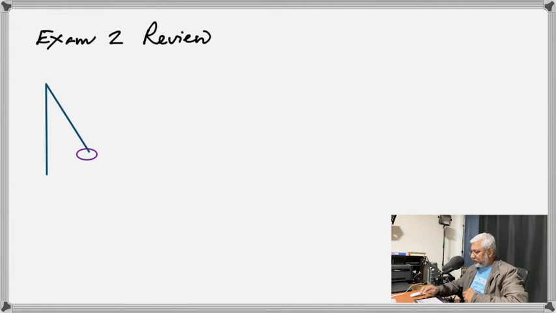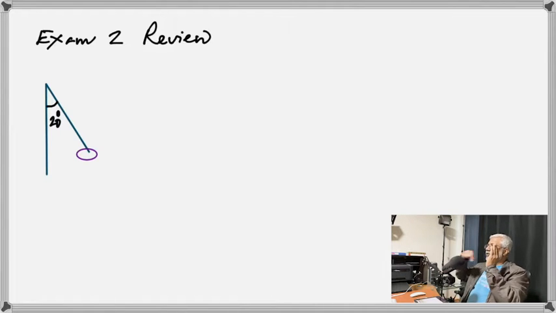First of all, let's consider a question where you have an object at an angle making about 20 degrees with the vertical, as you can see, and it's like a string. It's a string with an object at one end, and it's able to go around the vertical.